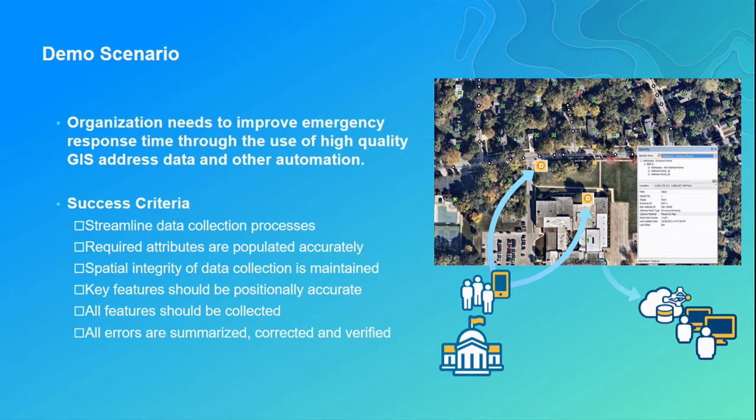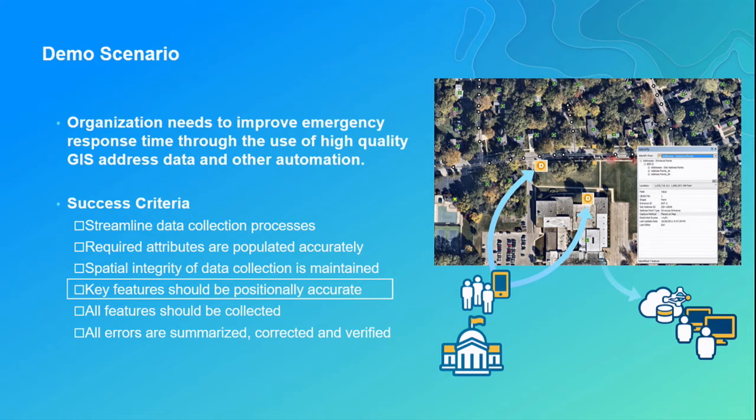Some of the success criteria I've identified here are streamlining the data collection process by providing a data ingest mechanism for the contributors, and being able to ensure that required attributes as well as spatial integrity of the features collected are maintained correctly based on pre-established rules.